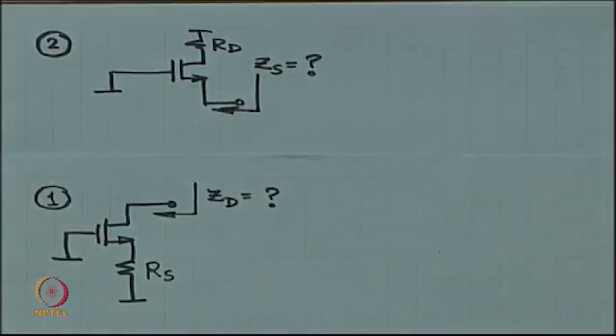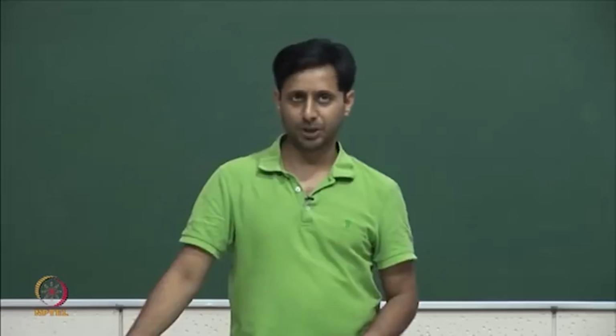Looking into the source, what is the impedance when the gate is terminated to ground and the drain has RD to ground? These are all in the small signal.